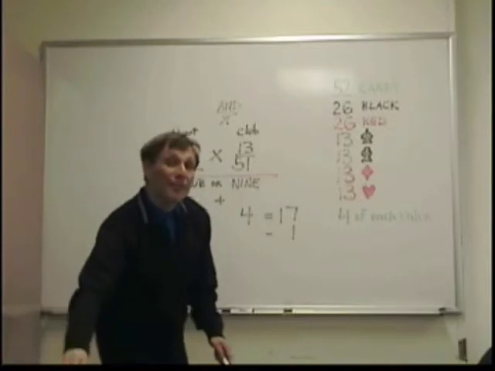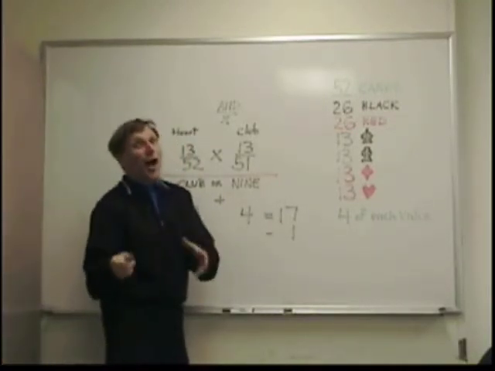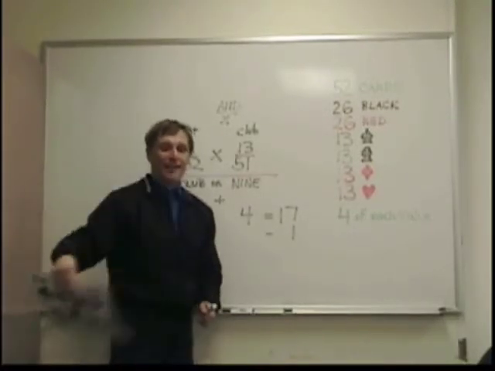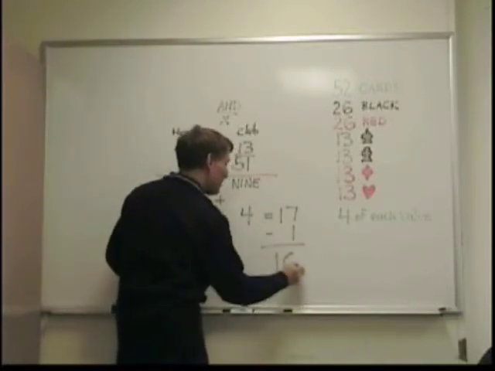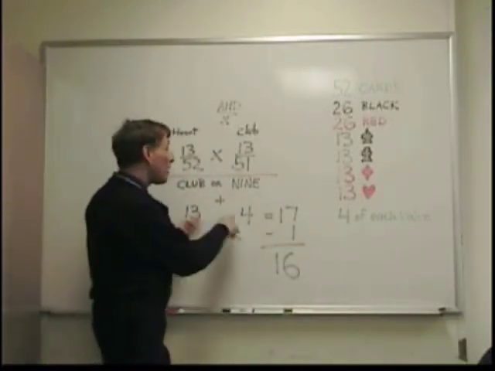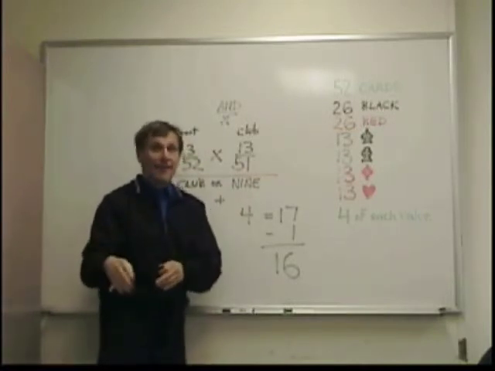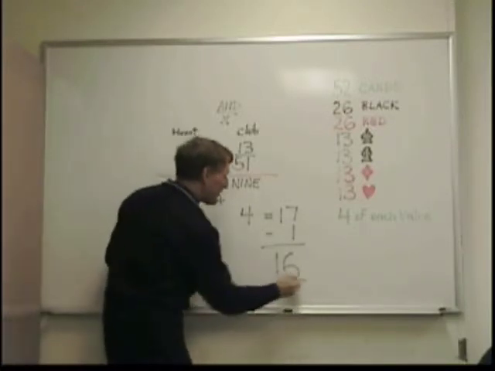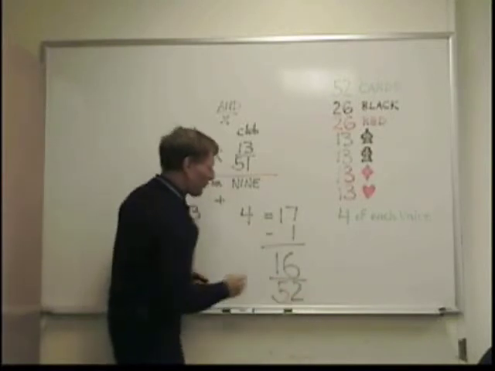So what we have to do is subtract out one of the clubs or one of the 9s, so we don't double count the 9 of clubs. And that leaves us with 16 cards. There are 13 clubs plus 3 additional 9s, because we don't want to count that 9 of clubs twice. And that gives us 16 out of the total cards, which is 16 over 52.